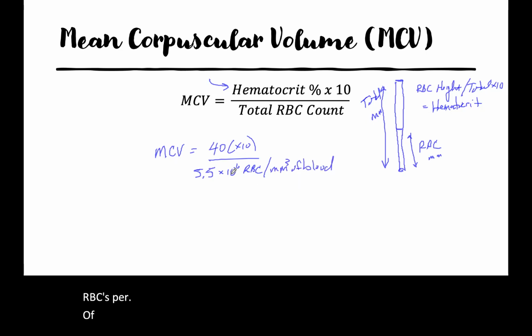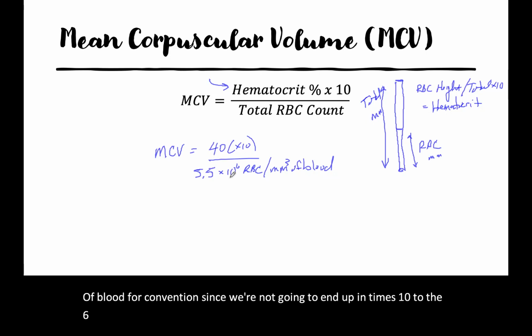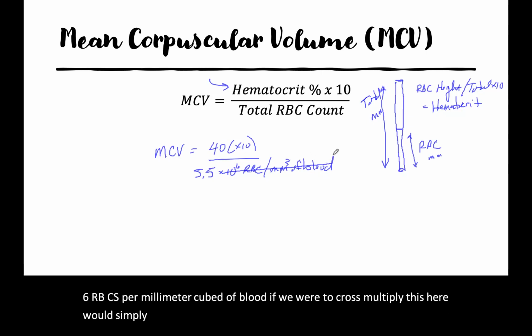For convention, if we were to cross multiply, the units would simply disappear. And so that's exactly what we're going to do. We're going to make that disappear.